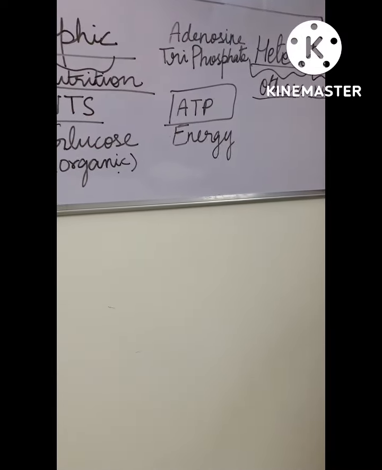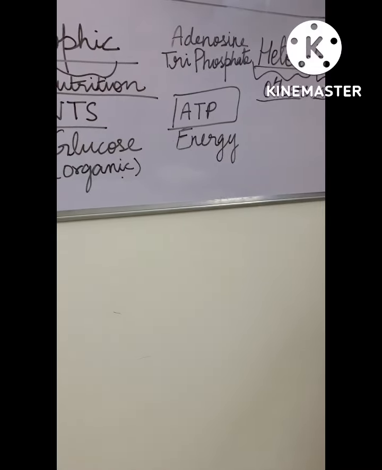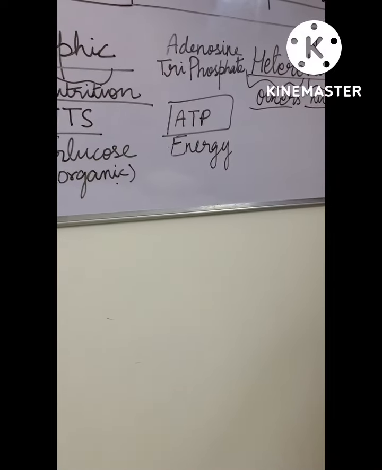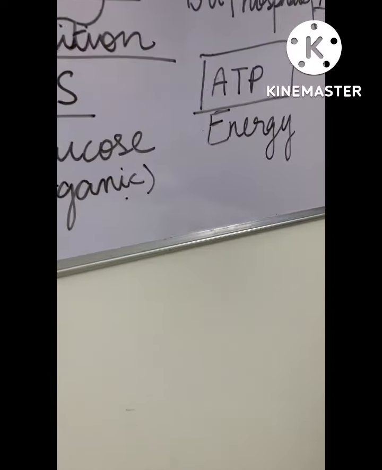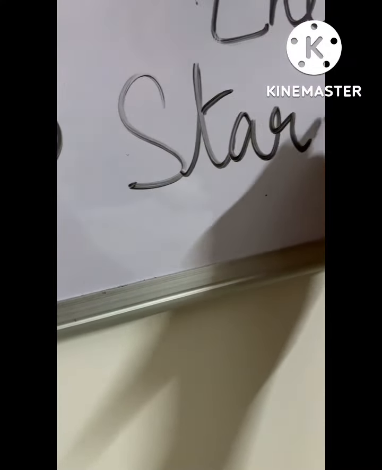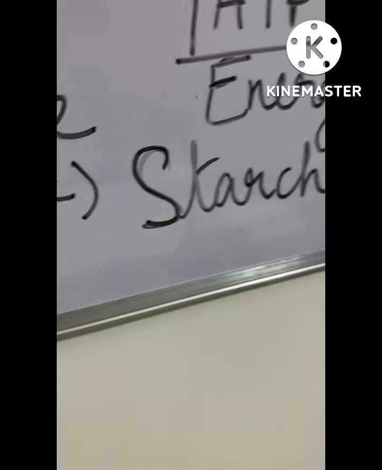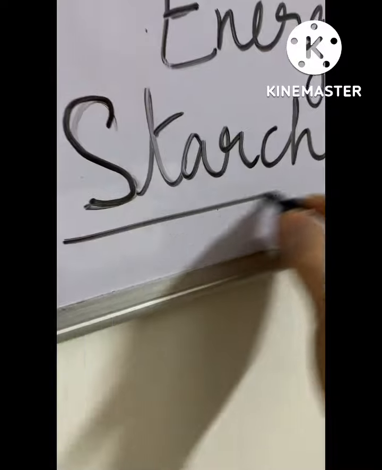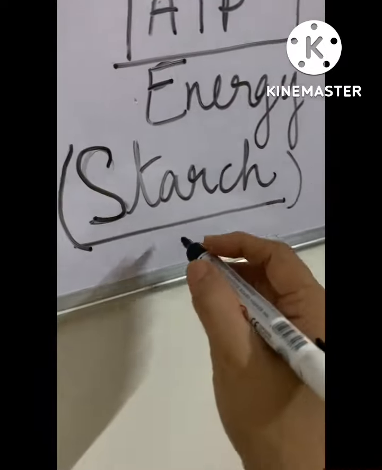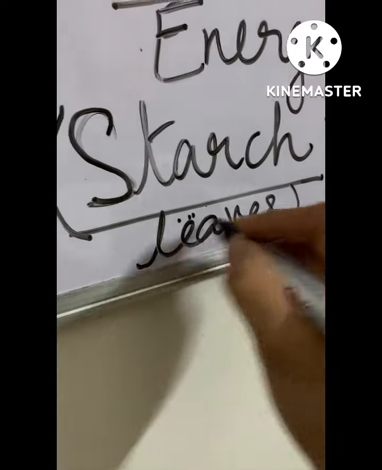But if it has prepared more energy than required, then extra energy or that unutilized energy will be stored. And it is stored in the form of starch in the case of plants. The unutilized energy or the unutilized food, you can say, is stored in the form of starch in the plants, and it is stored in the leaves.